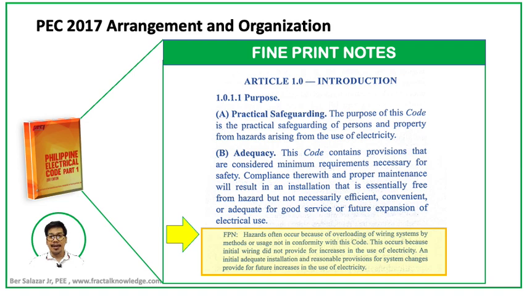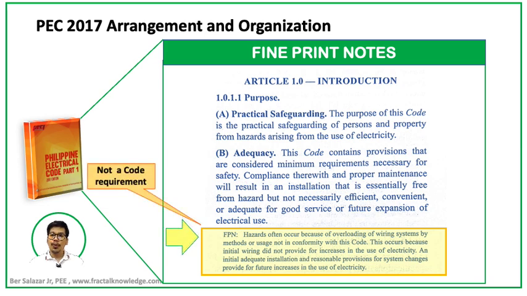Here are the fine print notes, or FPN. In NEC, it is now changed to Informational Notes, or IN, for more clarity, but we still use FPN in PEC. It is a piece of additional information explaining a certain rule where it appeared.